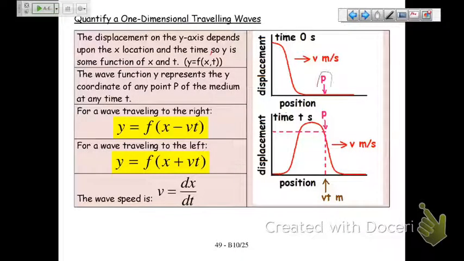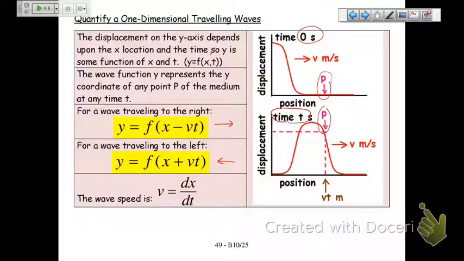So there's my point P, and that's at time t equals 0, and here's my point P at time t equals t. So that's the game I'm playing. And so I have two basic fundamental things. y is equal to some function of x minus vt for a positive going wave, and y equals f of x plus vt for a negative going wave.